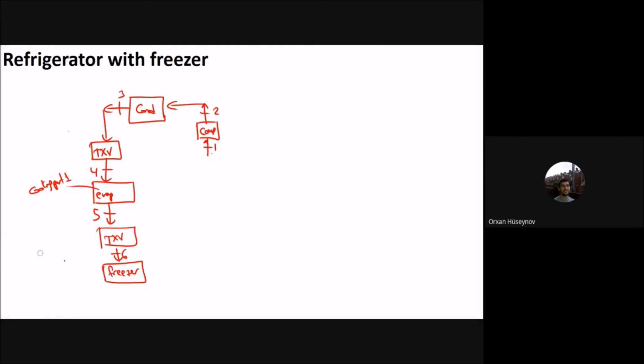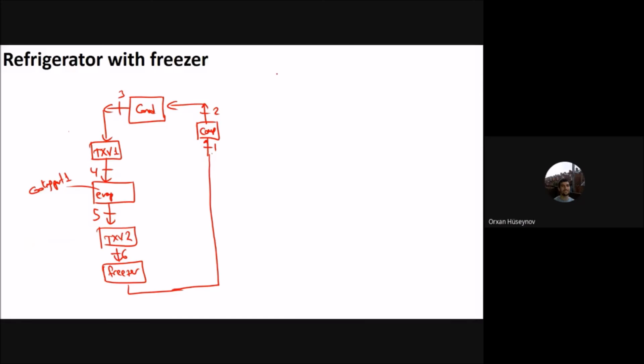You will have this freezer, and then this one is 1. You can see that here you have much lower temperatures with this second TXV, TXV2, and this one is TXV1.